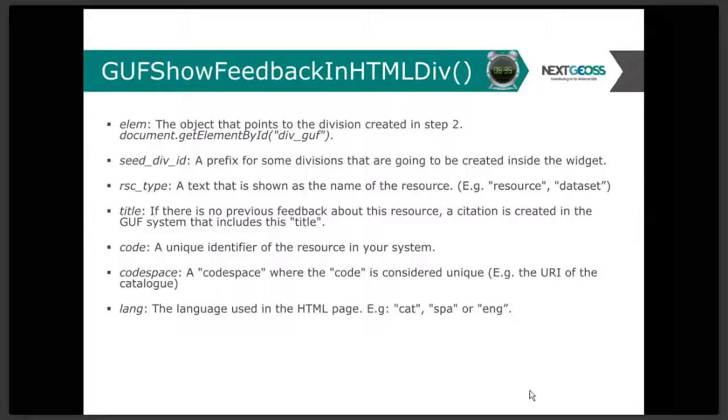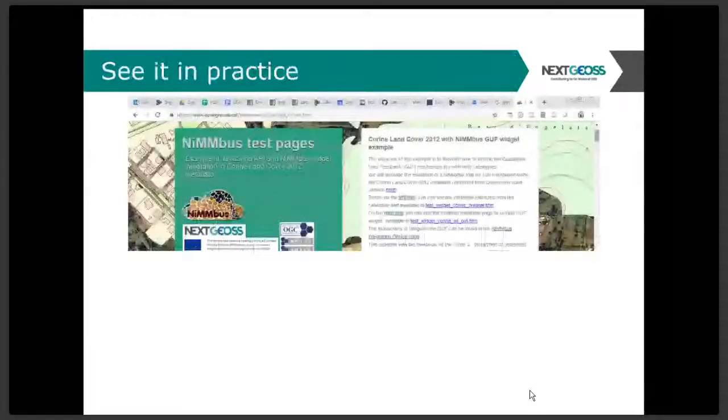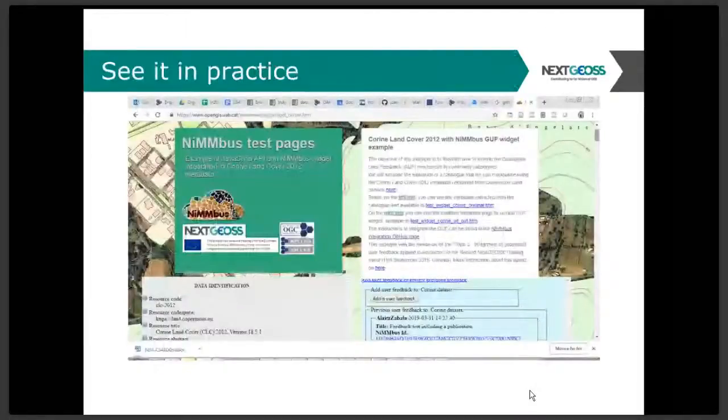And the last parameter is a reference to a language. For the moment, the widget is available in 3 languages: English, Spanish, and even Catalan. So in practice, this is going to look like this. On the left-hand side, you see in gray the aspect of the original HTML page, and in green, you see the modified page.